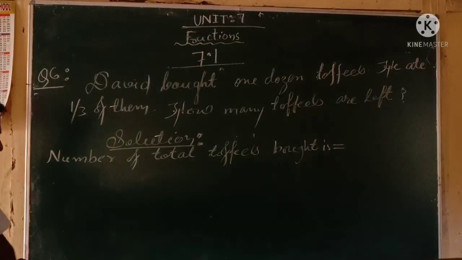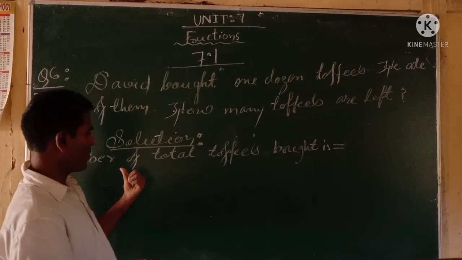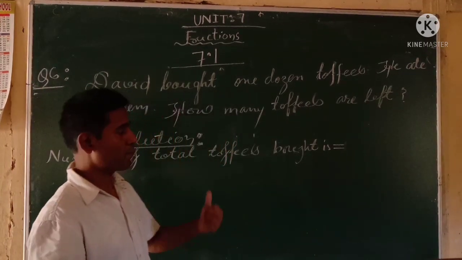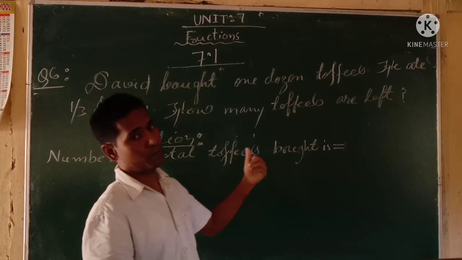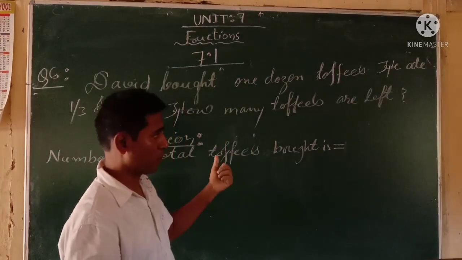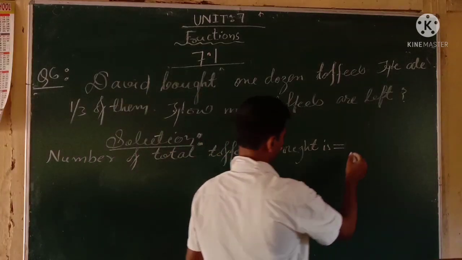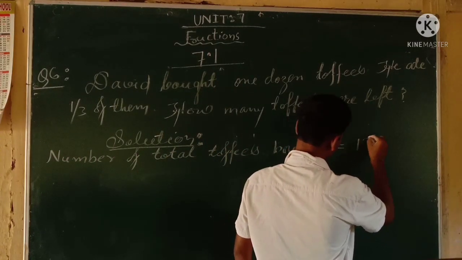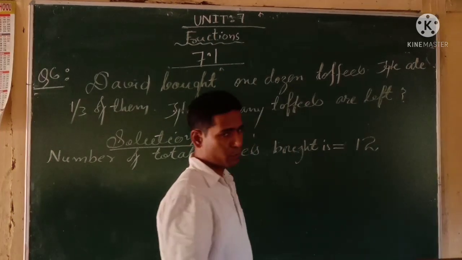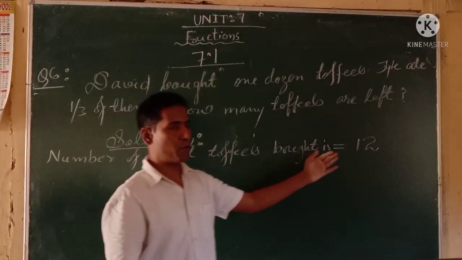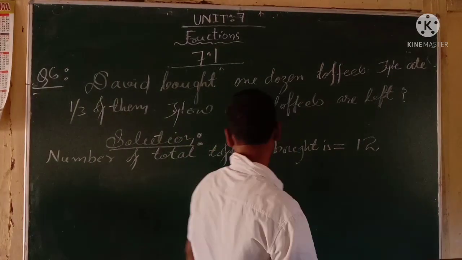Now see, first of all, the number of total toffees that is bought by David is 12. Is it 12? Okay, you know 1,000 is equal to 12. So in place of 1,000 we'll write here 12.